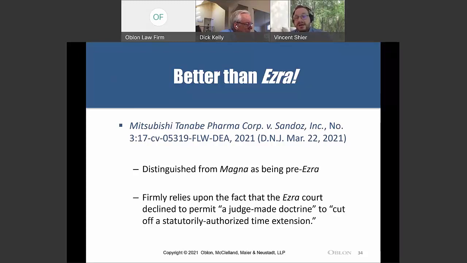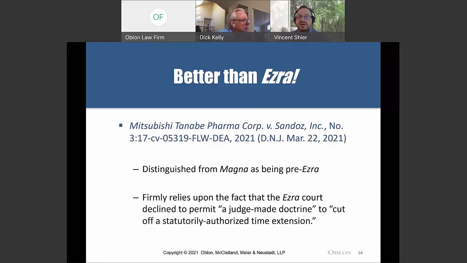Even though Ezra dealt with patent term extension, they're both patent term adjustment under 154 and patent term extension under 156. They're both subject, they're statutory constructs. And so relying heavily on Ezra, Judge Wolfson declined to permit a judge-made doctrine to cut off the statutorily authorized extension.